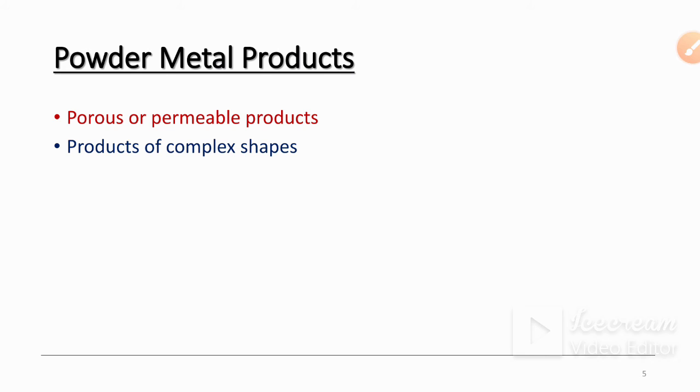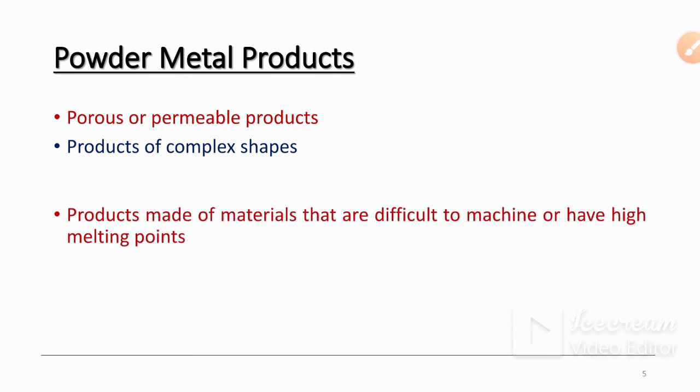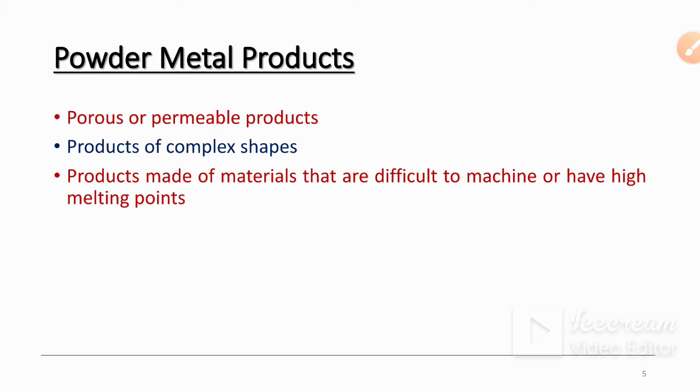Next, products of complex shapes. Products of complex shapes can be manufactured using the powder metallurgy process. So, products made of materials that are difficult to machine or have a very high melting point.